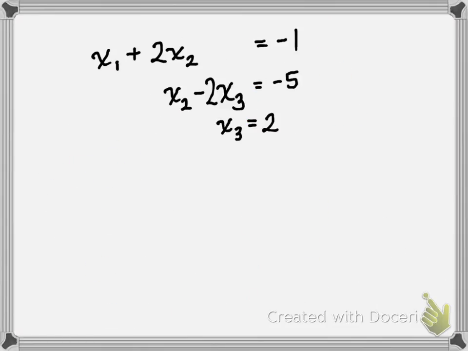So here it is. And so let's think about why this is a lot easier to solve than what I previously started with. Well, this tells me x3 equals 2. And then once I know x3 equals 2, I can back substitute to figure out what x2 is.